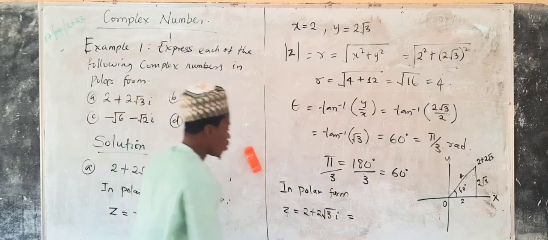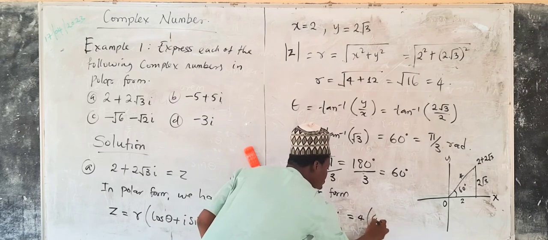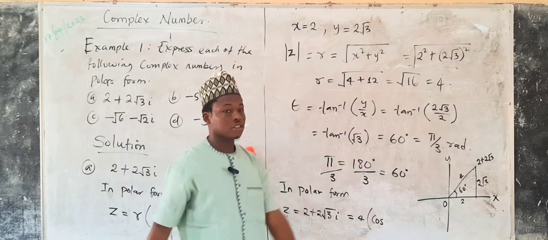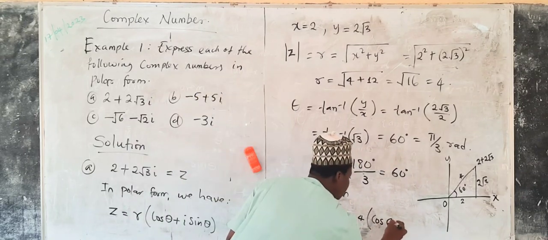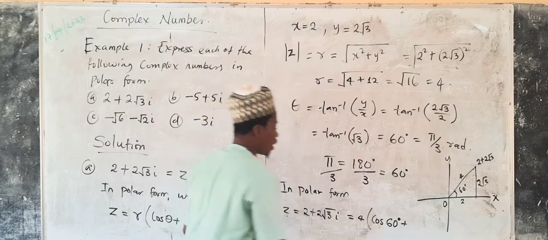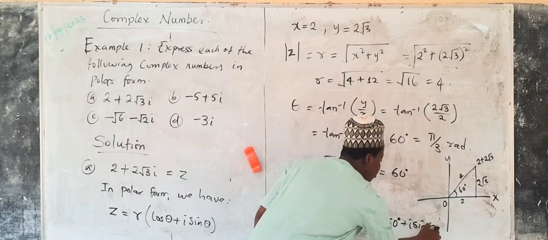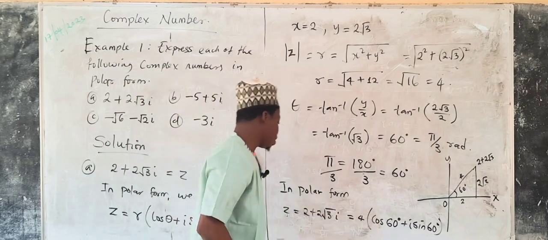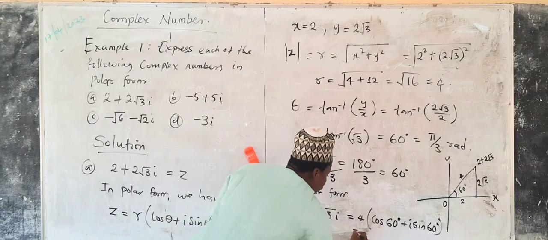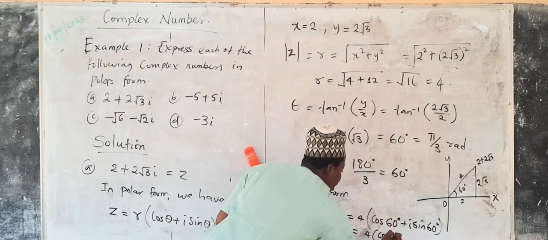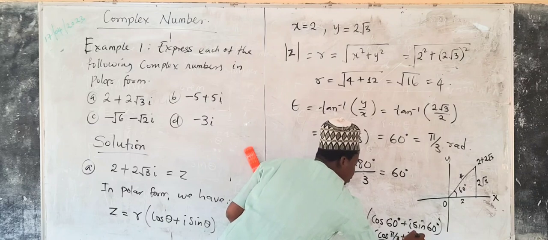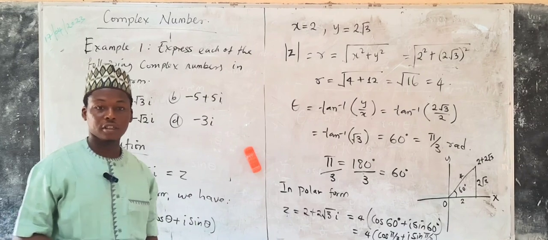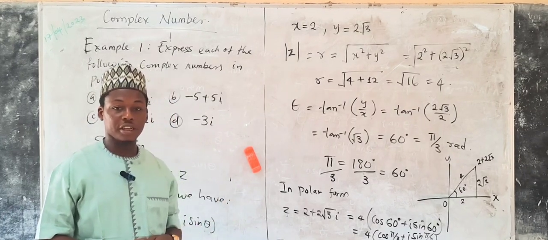Your r is 4 cos 60 degrees, we prefer to use pi over 3, plus i sin 60 degrees, right? Which can be written as 4 cos pi over 3 plus i sin pi over 3. So this is your final answer in polar form. Is that clear? Yes. Good.